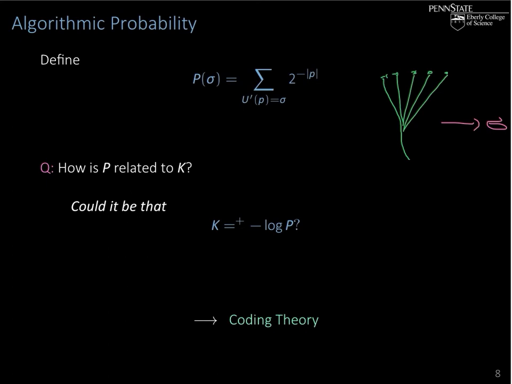But for this to hold, the shortest program would have to be rather short. That would mean that if sigma has a lot of long programs, then it must also have a short program.